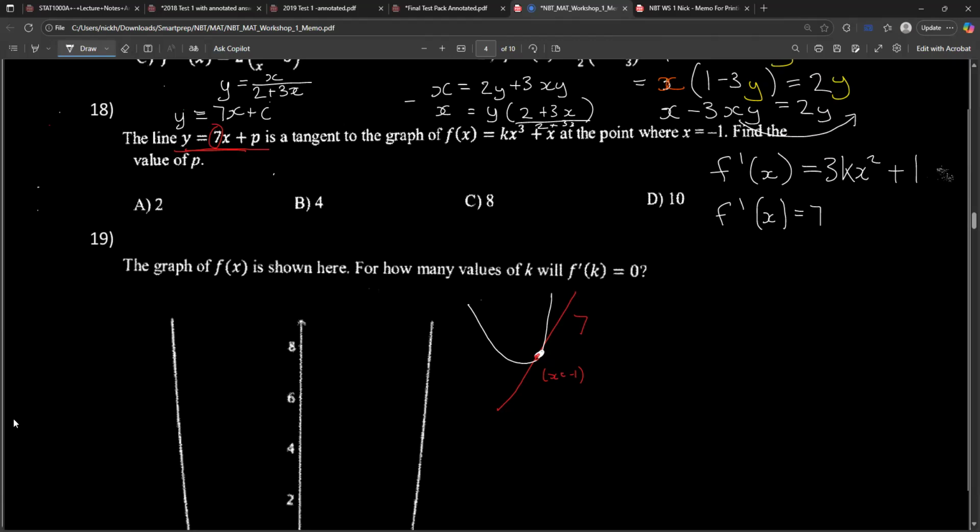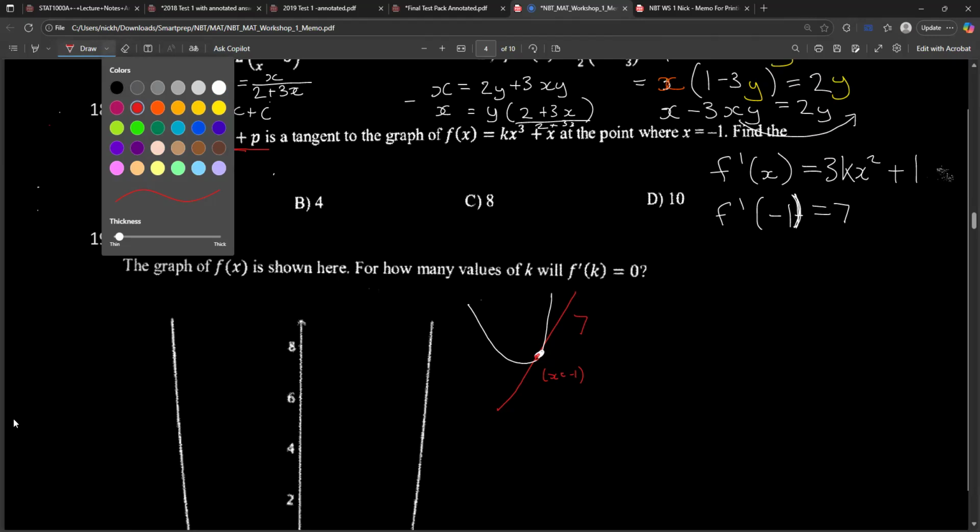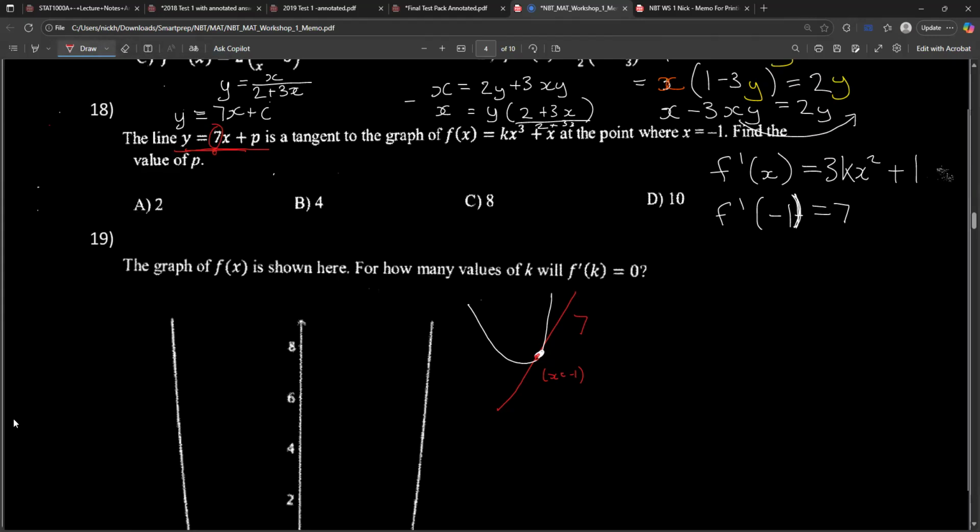Because we know it's at minus 1, let me go even further than that. So the slope is equal to 7. We got that from the red 7 here. But now we've figured out what f dash of x is, so we can replace the x with a minus 1 and make this whole thing equal to 7.